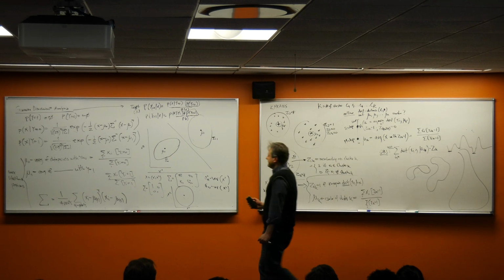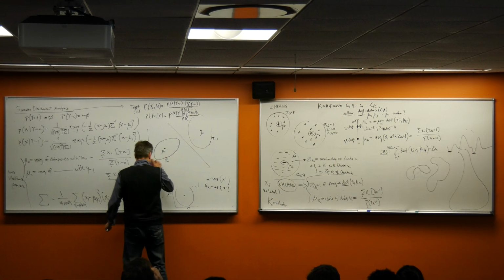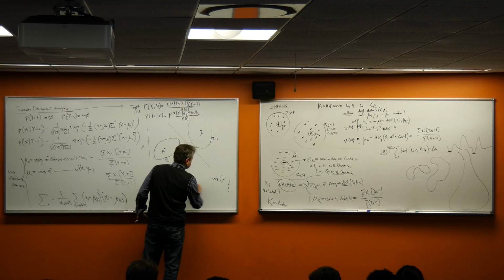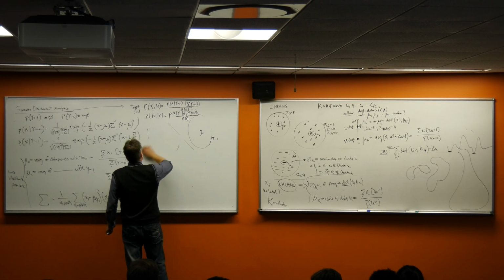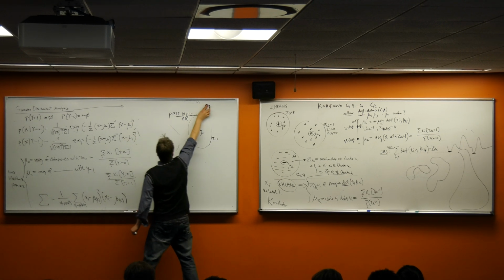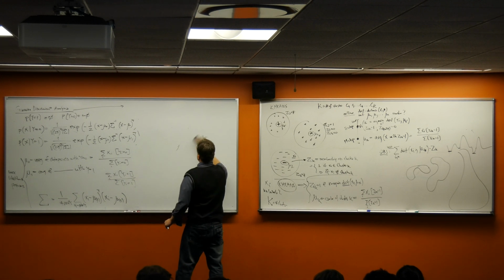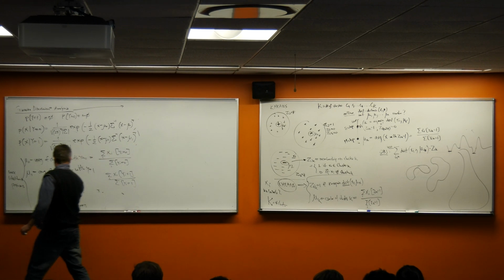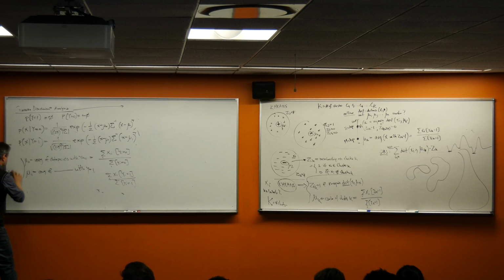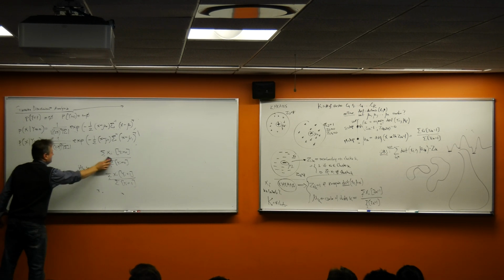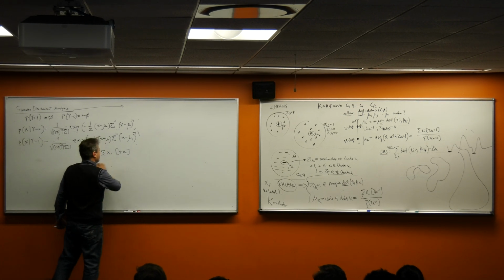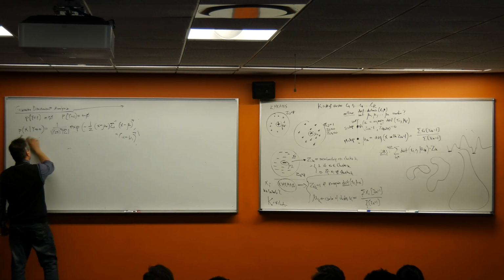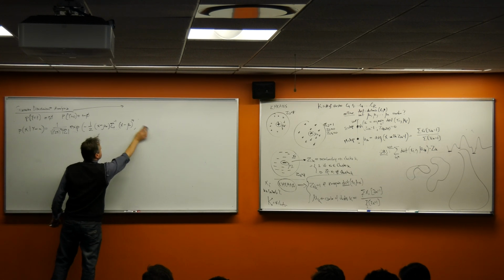Okay, so what I want now is to say, I want to do a probabilistic version of k-means. So that's what I really want to do today, but I needed k-means for illustration.